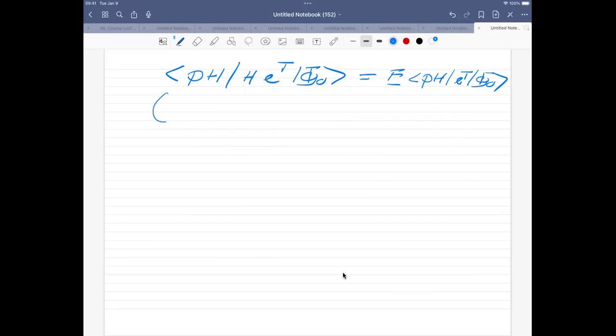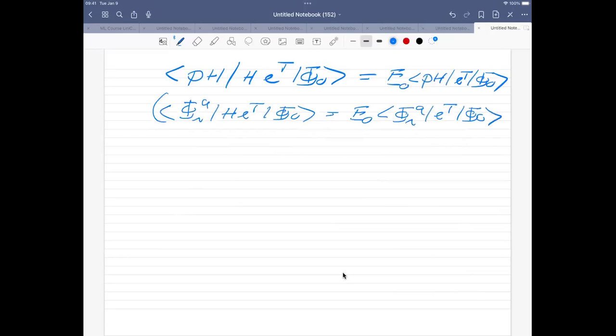In one of the cases, we would have phi i a H e to the T phi 0, and that will be given by E0 times phi i a e to the T phi 0. And then we could continue like that with the 2-particle 2-hole excitations, 3-particle 3-hole excitations, and so on.